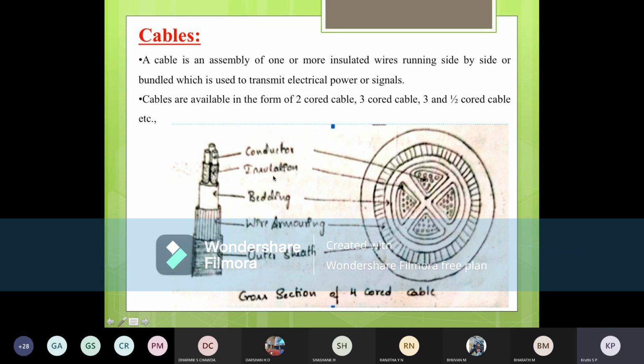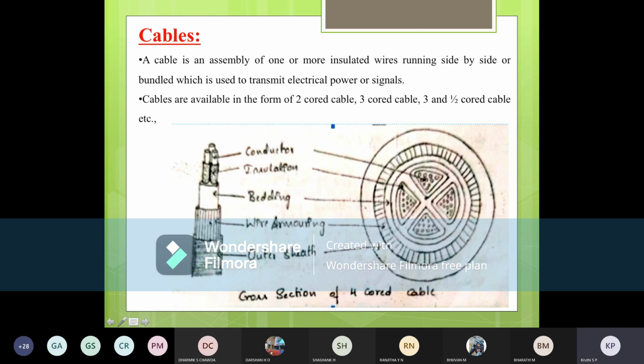Insulation. Why do we need insulation? Insulation is needed to protect the conductor from moisture or the external environmental conditions. The insulation is given to the conductor, and there will be a bedding for that which will hold the conductor and insulation in place.